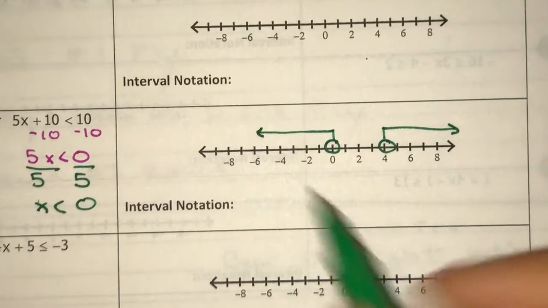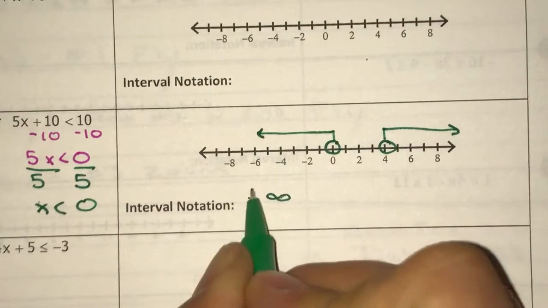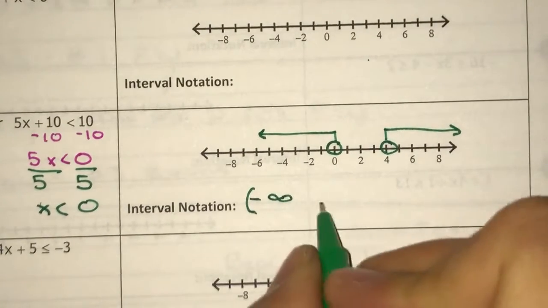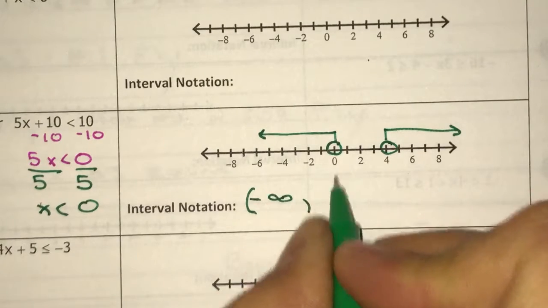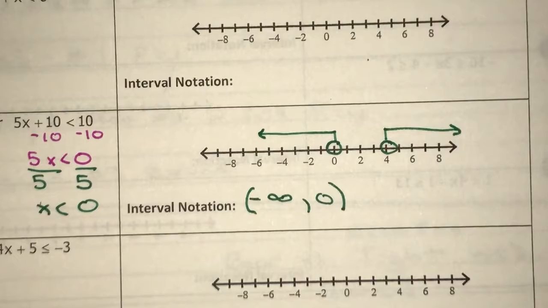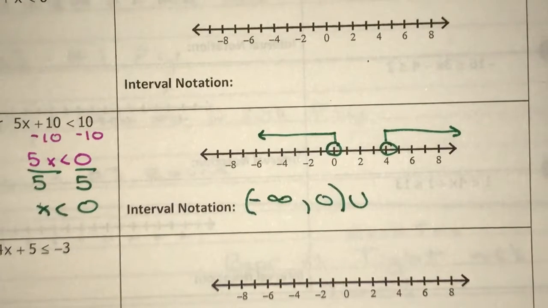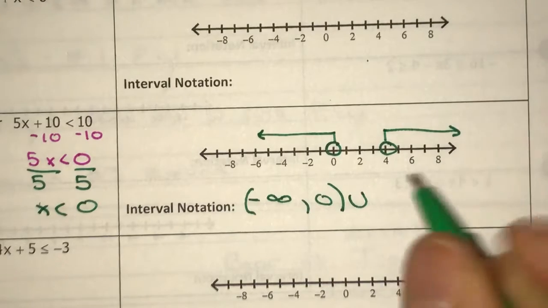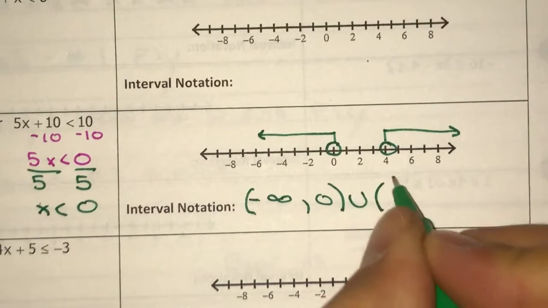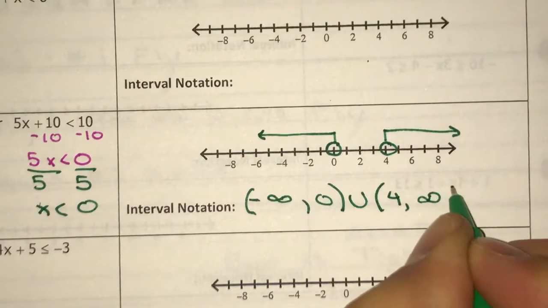Interval notation, so as I work left to right, I get to -infinity, parenthesis, comma, 0, parenthesis, because it's an open circle, so I have a parenthesis, not a bracket. Use the u, parenthesis 4, and then infinity.